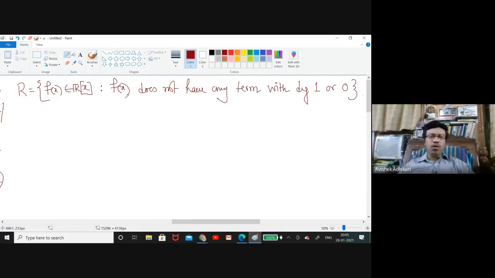So that means all polynomials with real coefficients, but it does not have any term with degree 1 or 0.